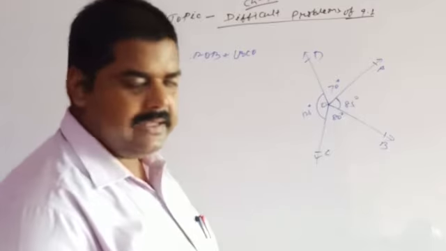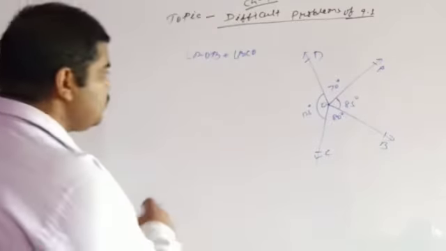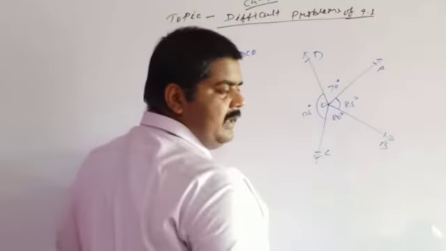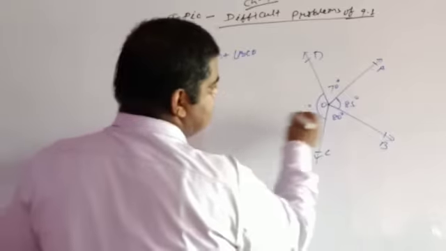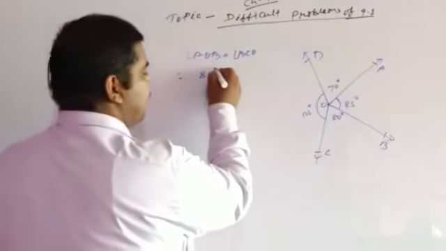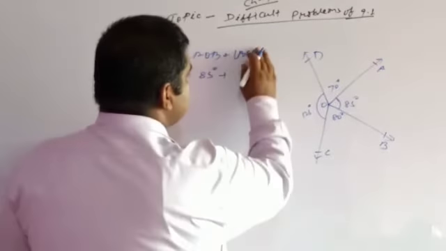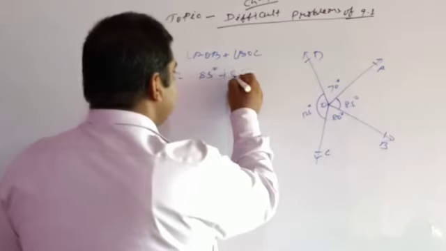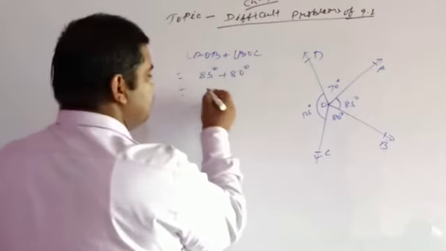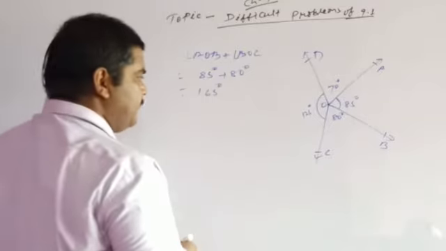Now the sum of these two angles should be equal to 180 degrees. AOB is 85 degrees and BOC is 80 degrees, and the sum is 165 degrees.